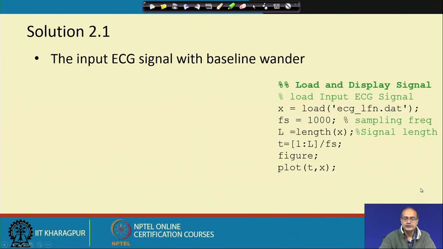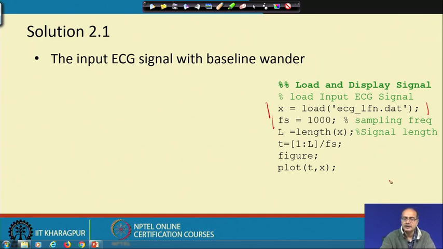So, here the input signal is suffering from baseline wandering. First, we load the data file and keep it in the variable x. Next, we look at the sampling frequency that is given. Sampling frequency is 1000.